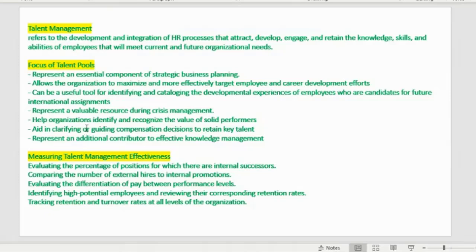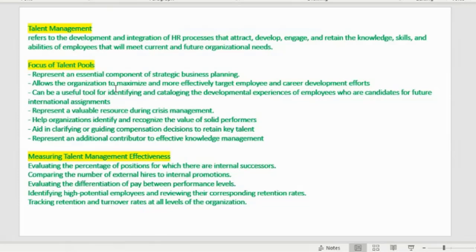Now, having a talent pool allows the organization to maximize and more effectively target employee and career development efforts. It can be a useful tool for identifying and cataloging the developmental experiences of employees who are candidates for future international assignments.